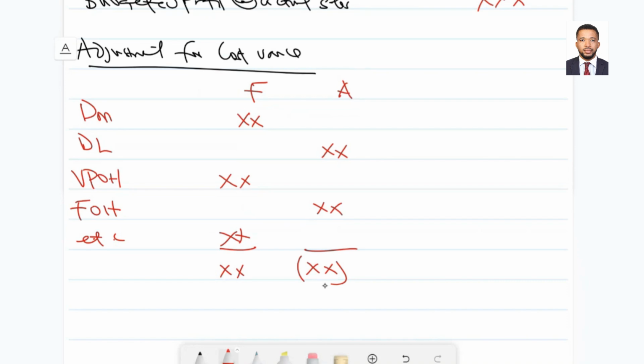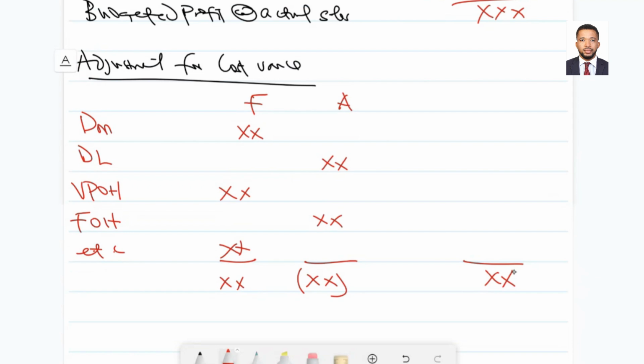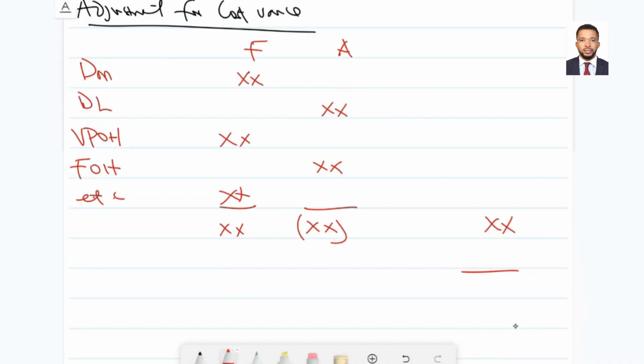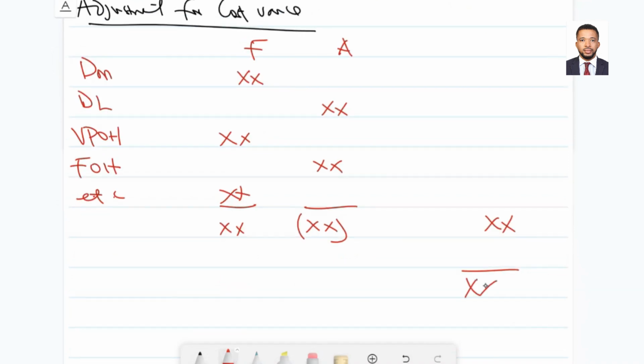So the net, I bring it here. By the time I'm done with this, whatever figure I have here can also be anything. And then I have my actual profit.